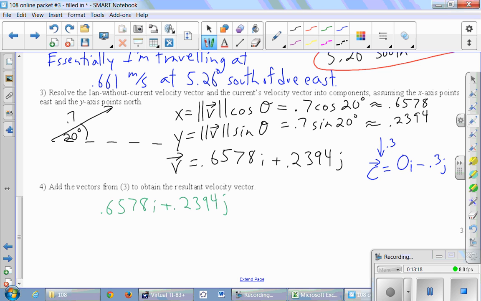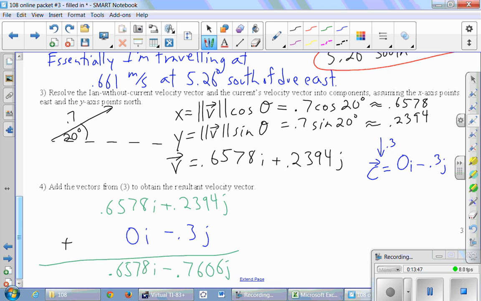And then we're going to add to that the blue vector, which was 0i minus 0.3j. And altogether we'll get our green answer, which is 0.6578i minus, oh goodness, 0.7606.